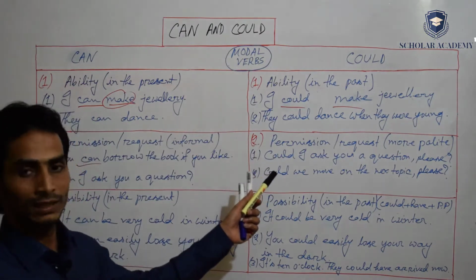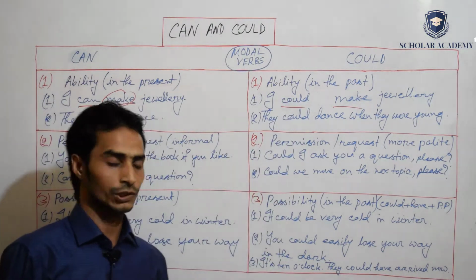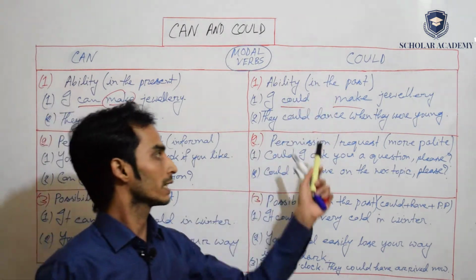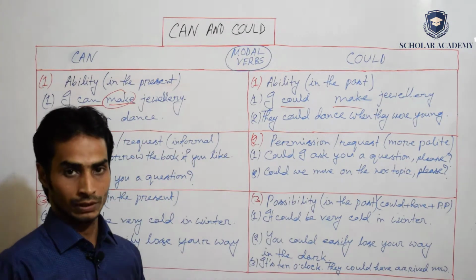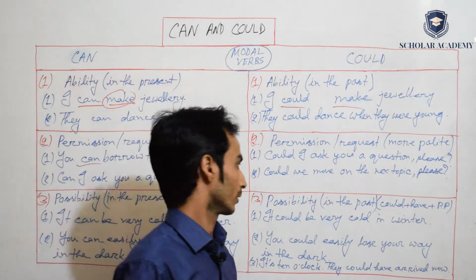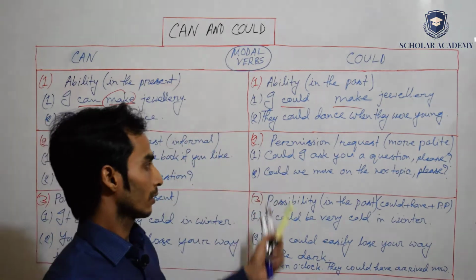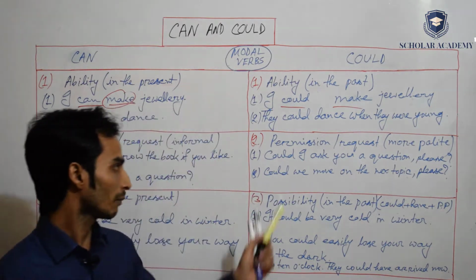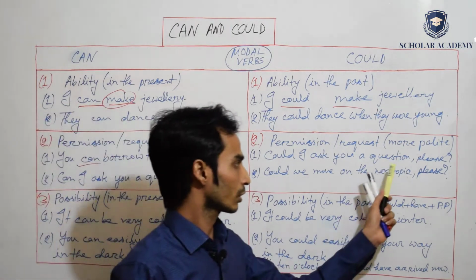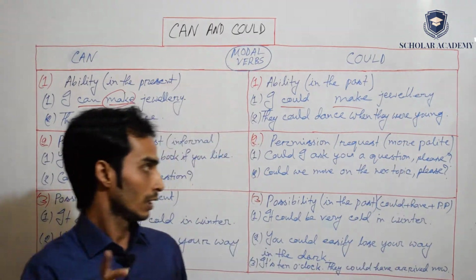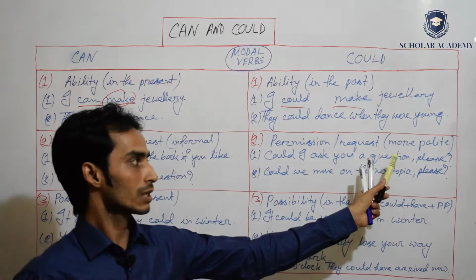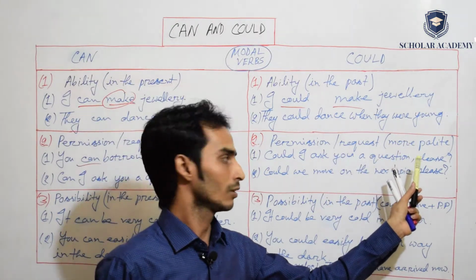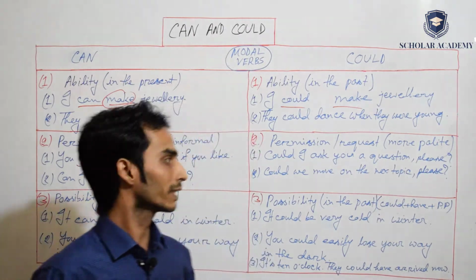So the second difference with could is permission or request. That means could is used to ask for permission or request or to give permission. Let's look at some examples with could. Number one is, could I ask you a question, please? You should see that could is more formal or very polite than can.